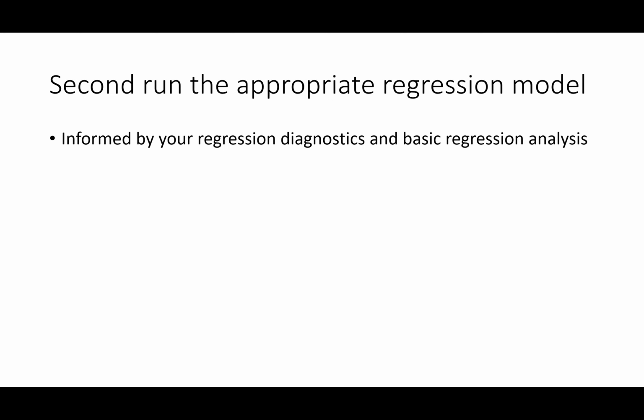Then the next step, after you run the regression diagnostics, is to run a final regression model, which is informed by the regression diagnostics you performed in the first step.